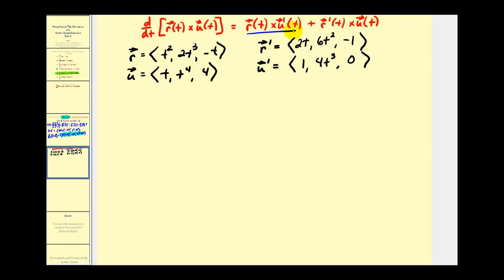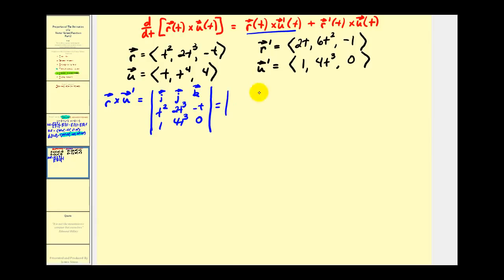Let's go ahead and find this cross product first. So again, the first row will be i, j, k. Second row will be t squared, 2t cubed, and negative t. And the third row will be from u prime, so we'll have 1, 4t to the third, and 0.